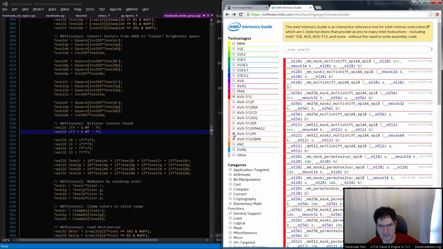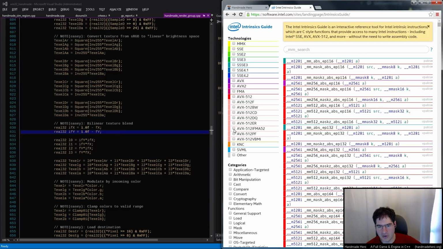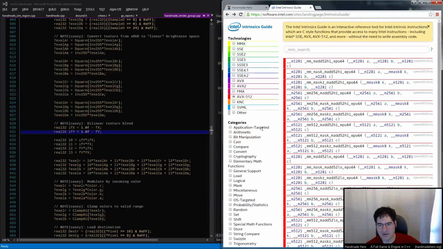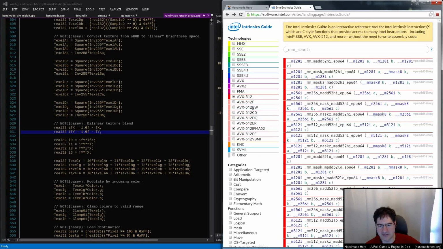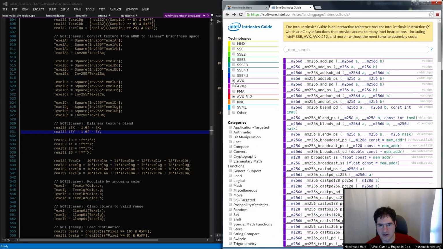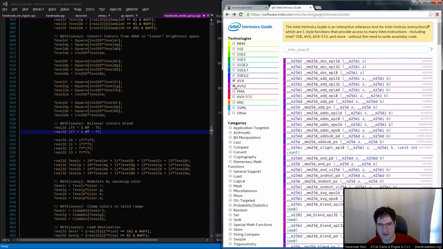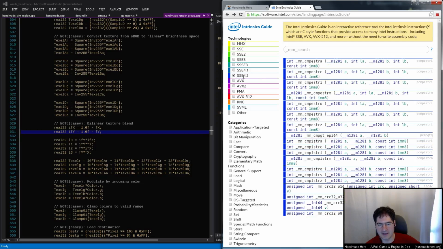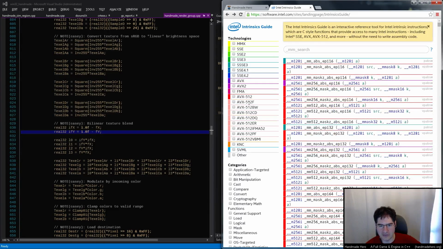I gotta learn this stuff eventually. What is AVX512 IFMA? I literally don't even know what that means. I have no idea what these subcategories are. Because normally when you go in here and look at these, there's just the instructions for that grouping. So if you say SSE 4.2, these were the things they had in SSE 4.2. But AVX 512, what is this? I'd never seen this before.